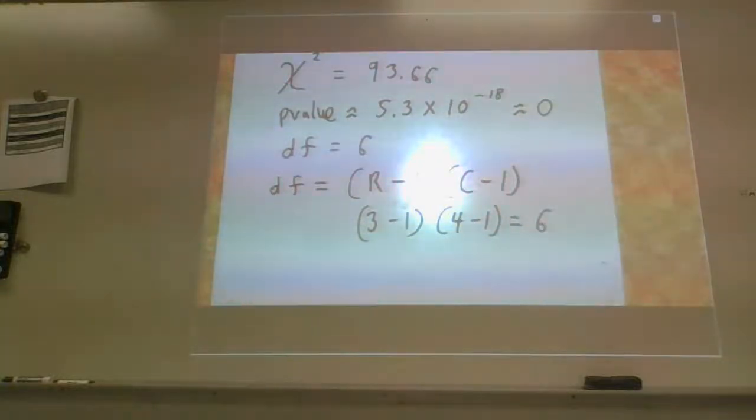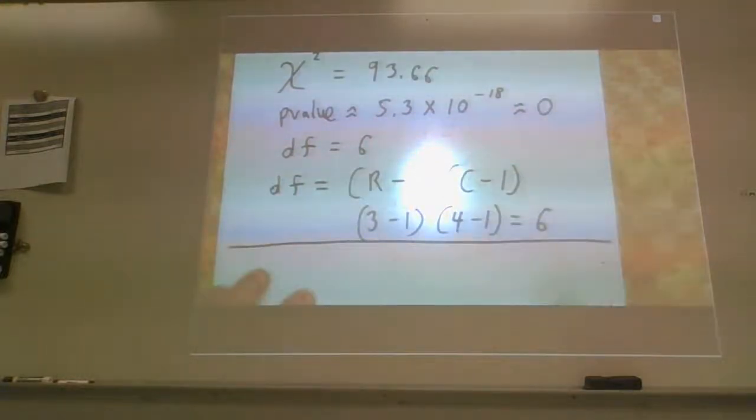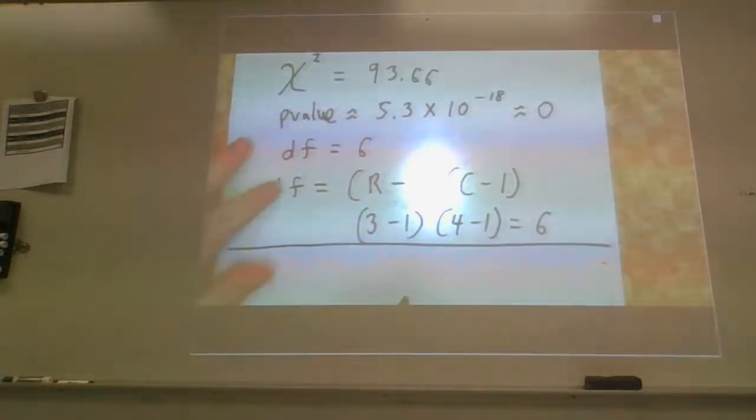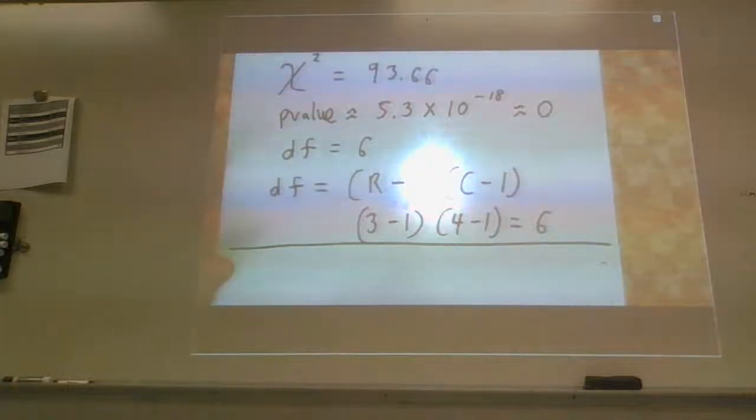You do those calculations, it gets you 6. Degrees of freedom get a little bit iffy later on with chi-squared. Originally, it's just n minus 1, sample size minus 1. Not anymore. With chi-squared, it's a little bit different. It has to do with the number of categories.